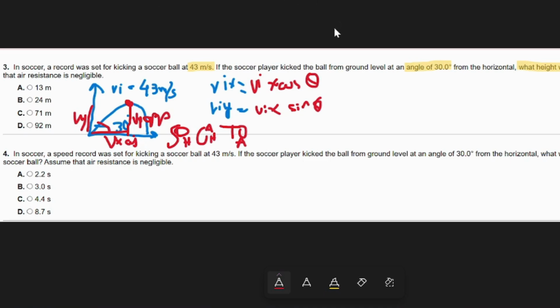Okay, let's start solving now. Vi multiplied by cos theta is, in this situation, 43 multiplied by cos 30. For Vy, it is 43 multiplied by sine 30. Let's put that in the calculator.